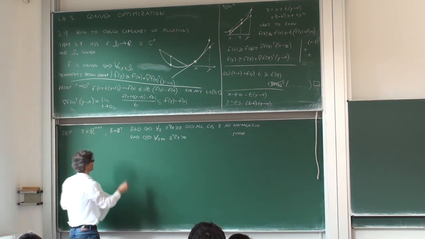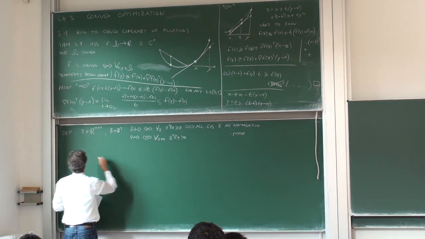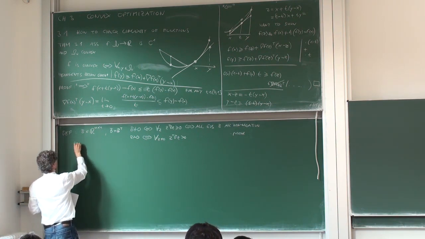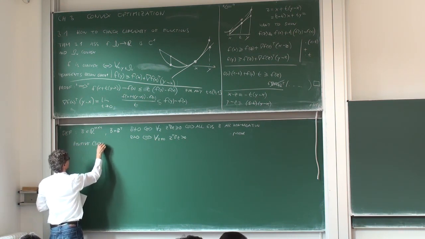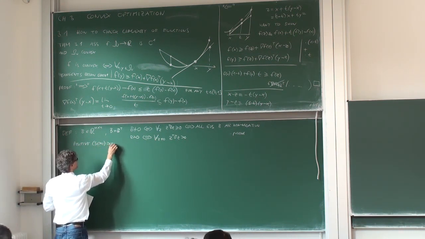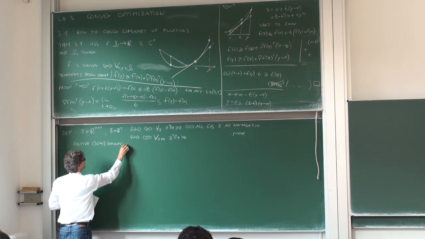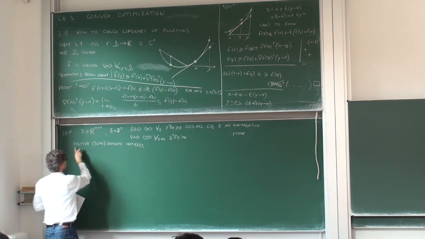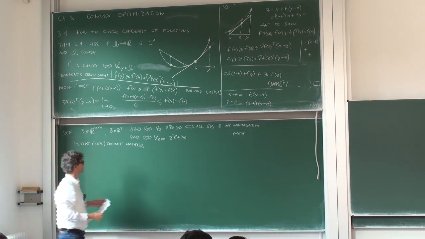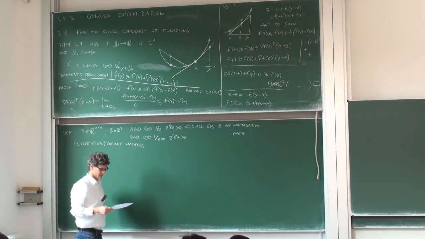So I will very often use these two shorthands, and I will actually say that these are positive definite if it's strict, and positive semi-definite matrices if it's weak.